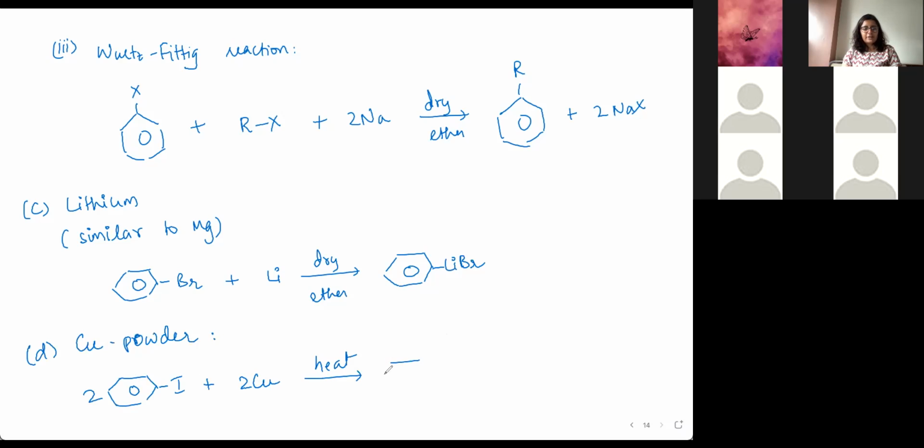Then you end up getting diphenyl and copper iodide, similar to the reaction we have with sodium. So that's all we have with reaction with the different metals.